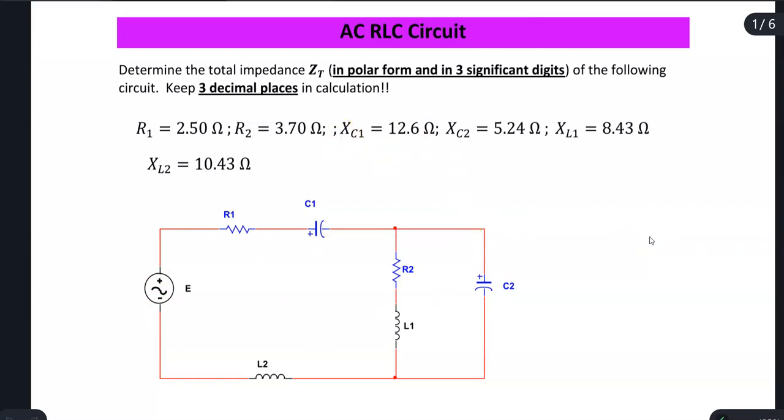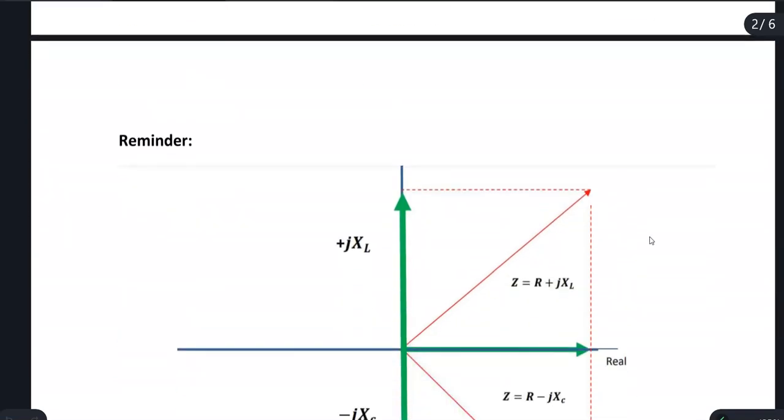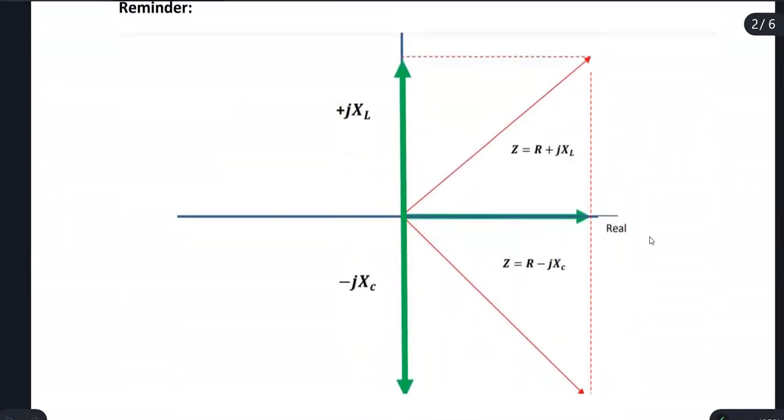Before we get into anything else, I would like to draw everyone's attention to this chart. This graph is the mathematical model for the AC RLC circuit. What you have is a capacitor, which means you must find the XC, and also you must find the XL.